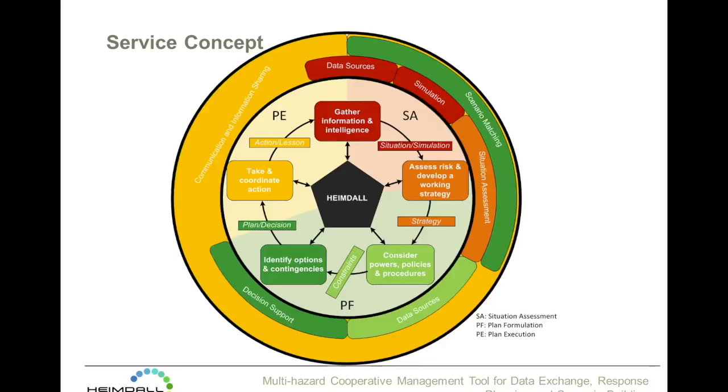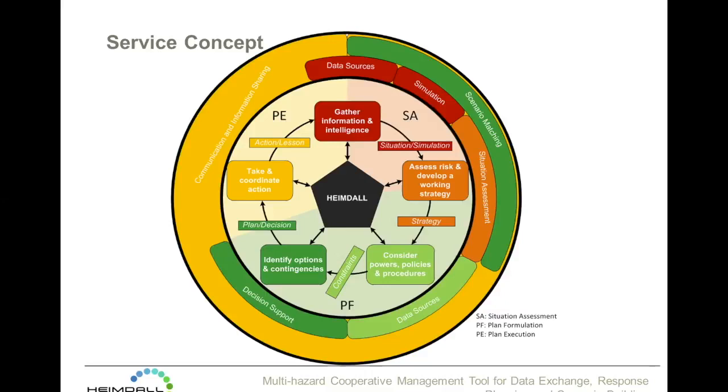A scenario matching tool on top of this then helps us to find a similar scenario in the database to check how we have been reacting in similar situations before, and by chance speed up the process of response planning. The HEIMDALL data sources can further be used for checking powers or policies, and therefore help with this step to find the constraints for the current situation.